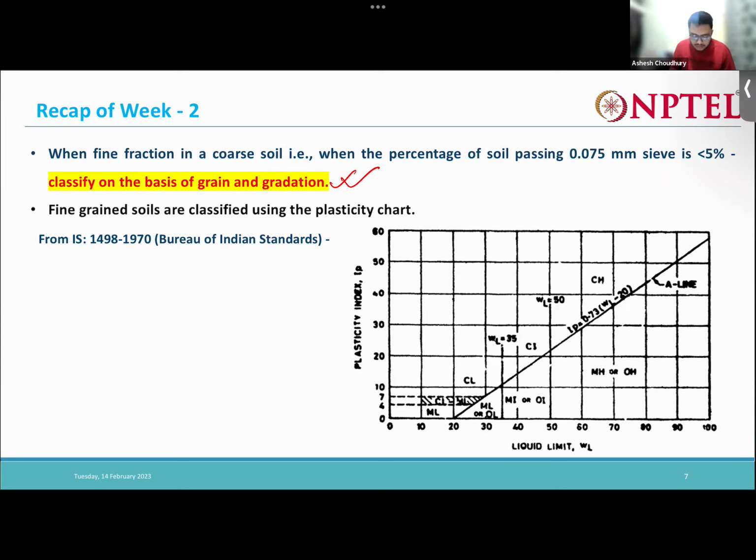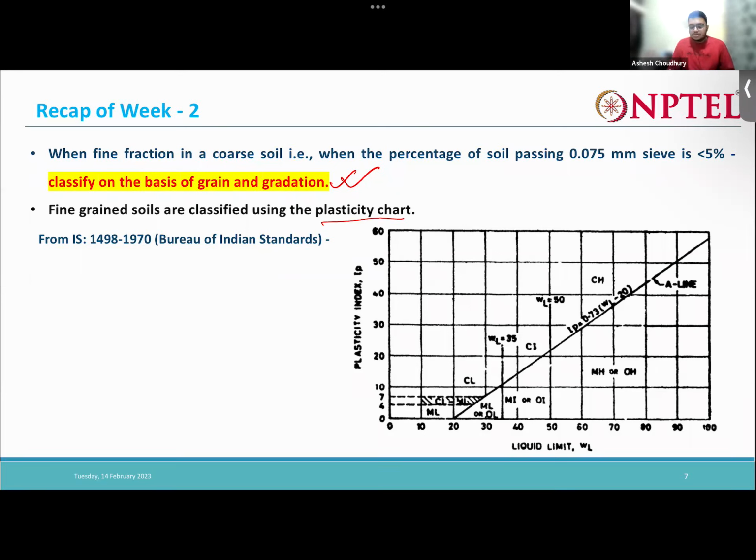Now, if our soil is predominantly fine, then the soil will be classified using the plasticity chart. This is our plasticity chart, which I have taken from IS 1498 1970, published by the Bureau of Indian Standards.